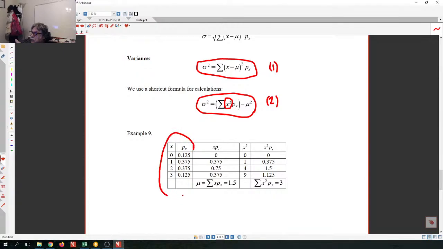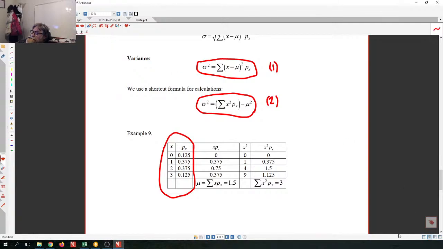So that is something you must have. If you don't have a distribution, you will not be able to calculate the expectation or variance. The next thing you do is to calculate expectation, because you need this in this formula, right? You have the square of expectation here, so you need to have the calculation done before you can use this formula.